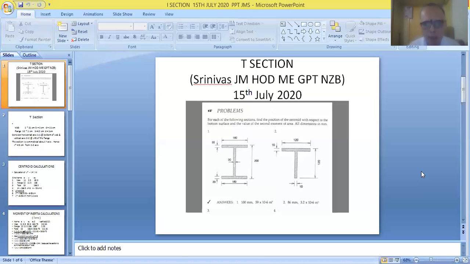Horizontal distances represent the widths of the components, and vertical measurements indicate the depth of the components. So friends, so far as the flange is concerned, the width of the flange, letter B, has to be taken as 12 centimeter, and letter D for the depth of the flange is taken as 1 centimeter.